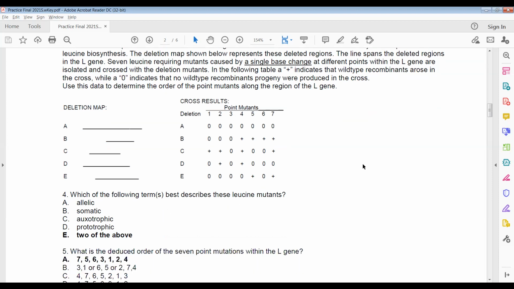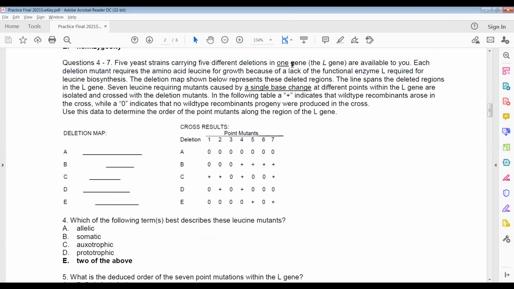Now question number 4 asks a very general, basic concept for this experiment: which of the following terms best describes these mutants? Look at the key point.